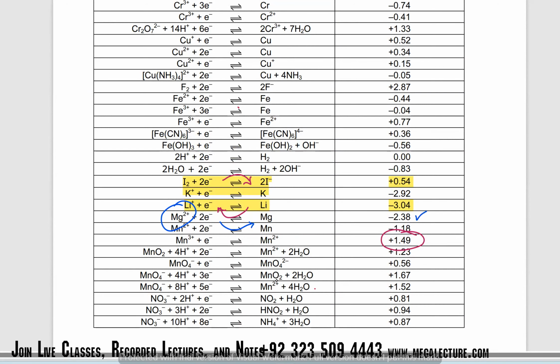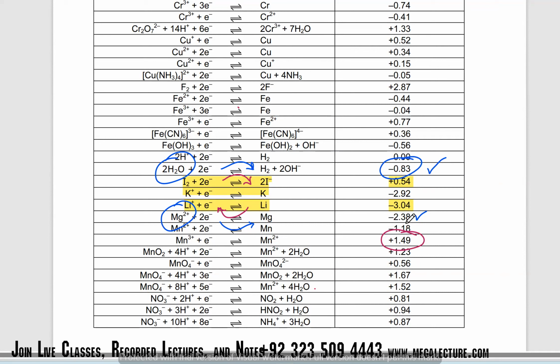That's minus 2.38. And the other one is water gaining electrons, that's minus 0.83. So who gains electrons? The higher potential is the one that's going to gain electrons, and hydrogen gas is going to get produced. Magnesium has a very low potential. Low potential does not like to gain electrons. So that can't happen.